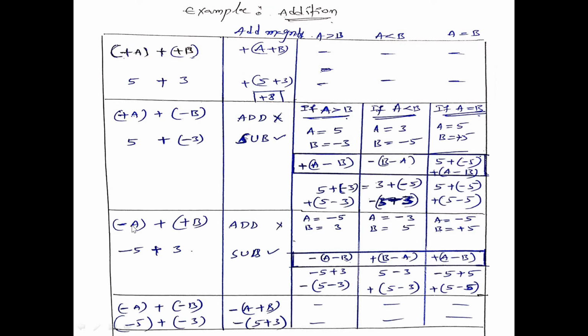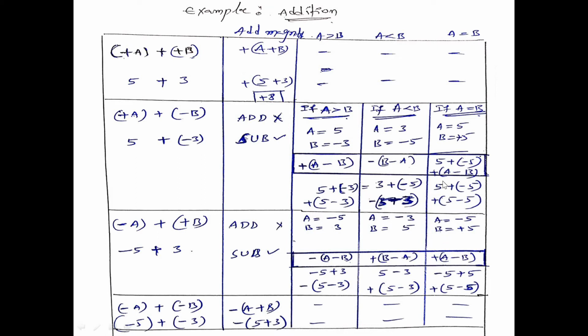So if it is positive and negative, we always perform operations like this, 5 minus 3, so the sign is positive. Because b is greater, 5 minus 3, the overall sign is that of b. The representation is b minus a, the overall sign is positive.